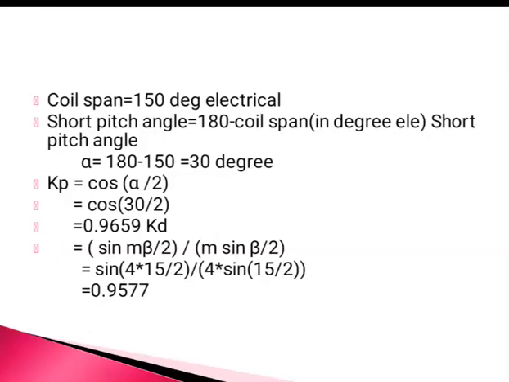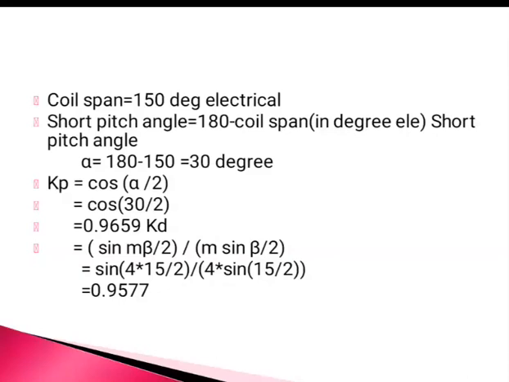By using that, we calculate alpha, the short pitch angle, that is 180 minus coil span, so alpha is equal to 180 minus 150 is equal to 30 degrees electrical. So Kp, the coil pitch factor, is given by cos alpha by 2. Alpha is 30 degrees, then cos 15 is equal to 0.9659, the value of Kp we calculated.